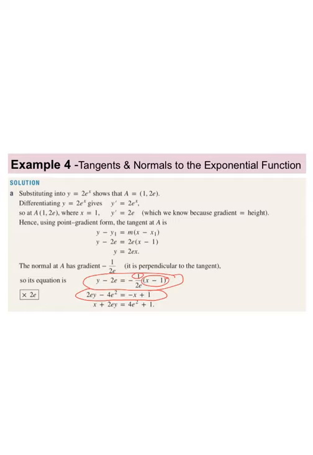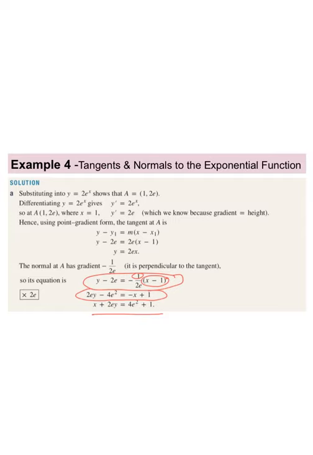Tidying all of this up a little bit, we've brought the x over to the left-hand side. So we end up with x plus 2ey equals, and take that constant of 4e squared to the other side, and we end up with this final result here.